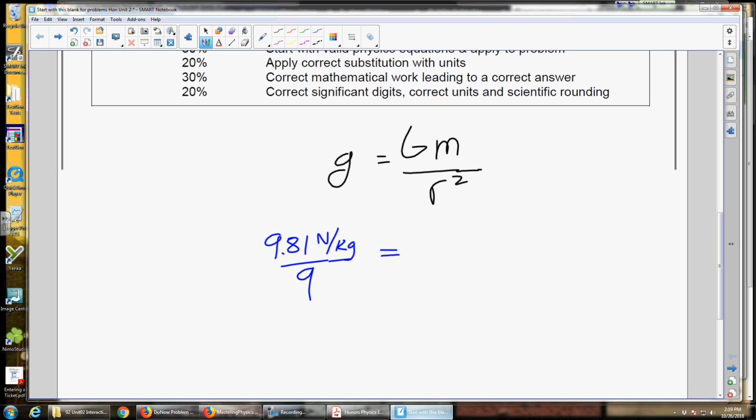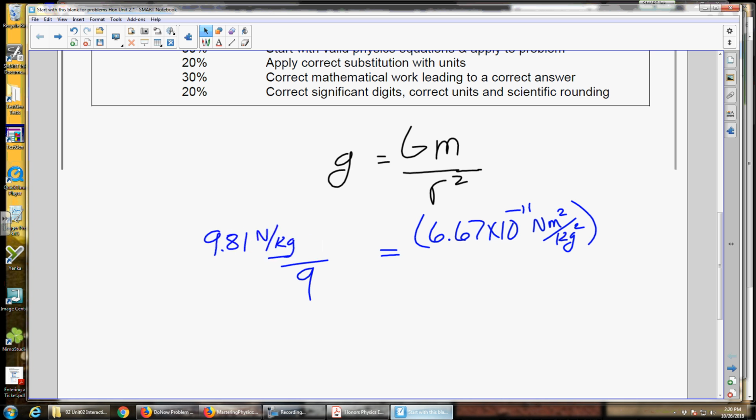If newtons per kilogram doesn't tweak your fancy, you'll see the book does that sometimes. Big G, look that up on my equation sheet. 6.67 times 10 to the negative 11th newton meter squared per kilogram squared.